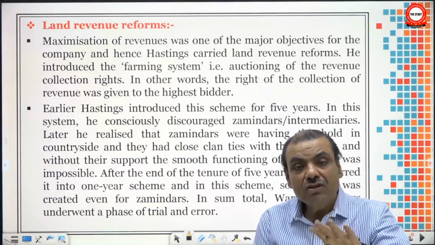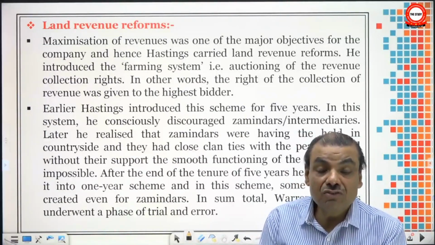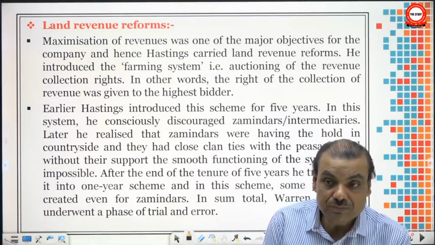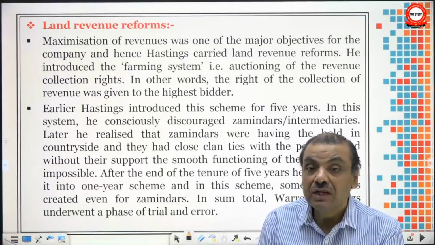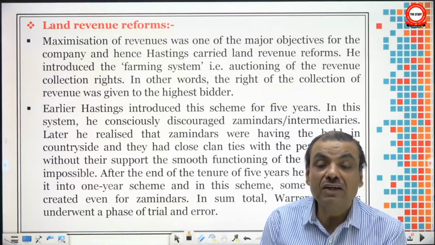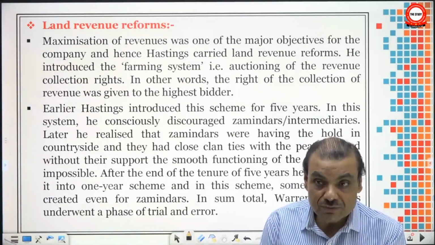Warren Hastings devised another method. He introduced a system known as the farming system. What is the farming system? You may be a bit curious. Here I have to inform you that this was another form of the ijara system under Mughals or Indian kings.